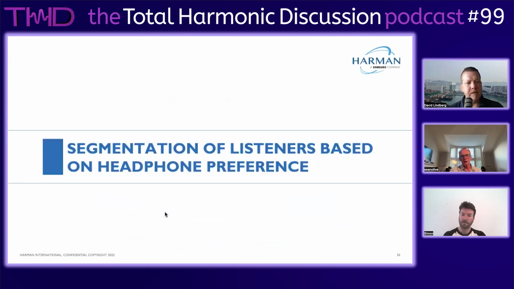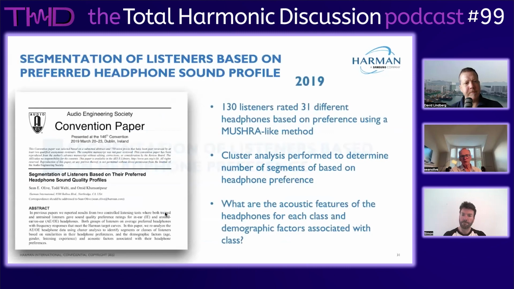So here we get into a study where we'd done listening tests on over-ear headphones, 31 different models with 130 people. And I analyzed the data using a method called cluster analysis, where you look at similarities between how people rate things. The question was, are there clusters of people or different segments based on what they like?